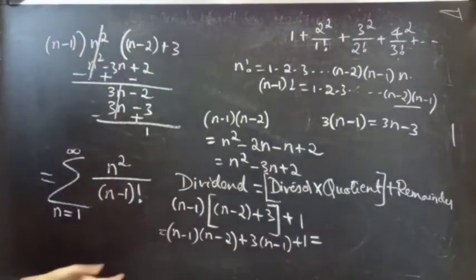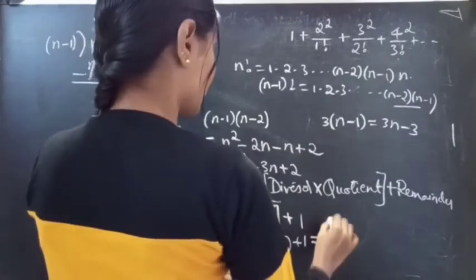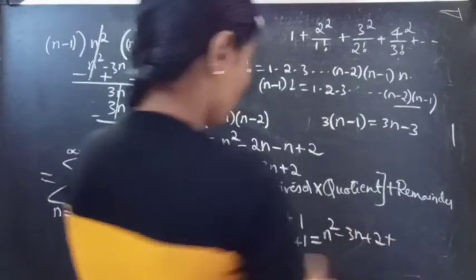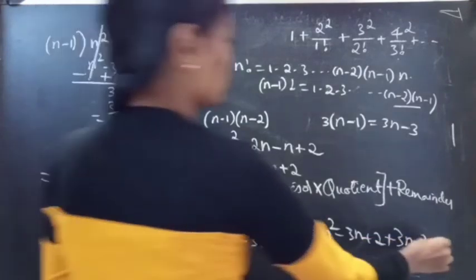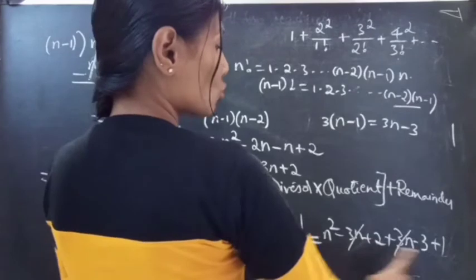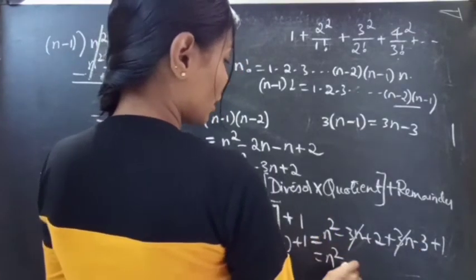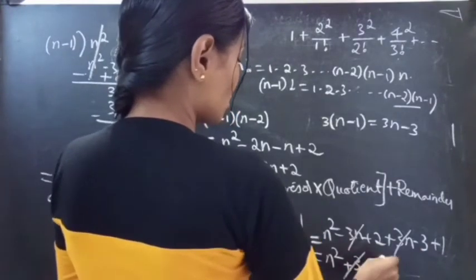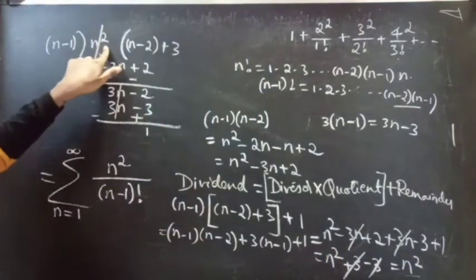We have n minus 1 into n minus 2 is n square minus 3n plus 2, plus 3 into n minus 1 is 3n minus 3 plus 1. So here you can cancel minus 3n and plus 3n. Plus 2 plus 1 is plus 3, and you're having minus 3. Better we can write in the next step: plus 2 plus 1 is plus 3 minus 3. Here also we can cancel. Equals to n square, which is our dividend.